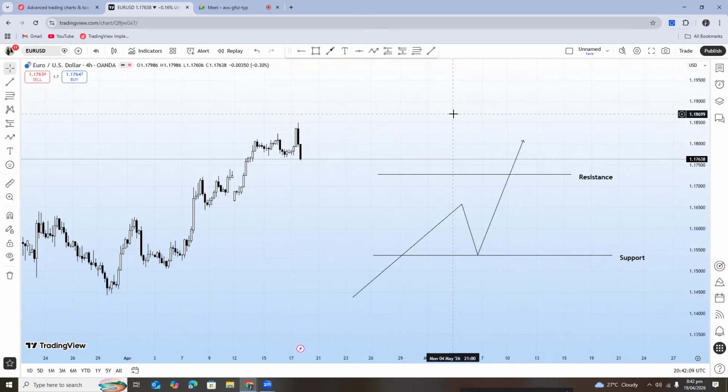Now, these are a bit technical. So if you are very new to trading, maybe this may be a little confusing. Of course, I've tried my best to communicate it as simply as possible, but I know that some of you might still find it a challenge. No problem at all.